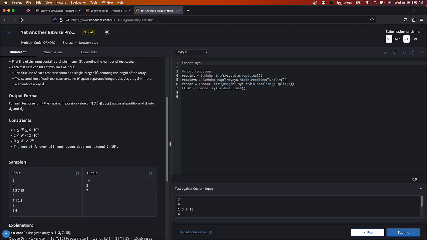Wait a second, stop me if I'm wrong, but isn't this just if you can flag down everything with the highest bit, you just put them in that set, and then you just keep going until... Or you just keep it in another set.